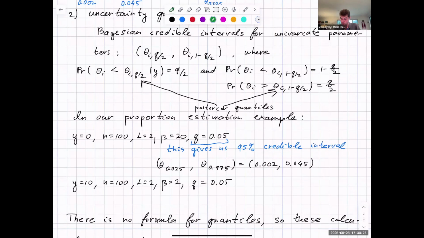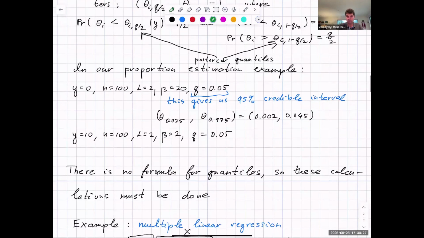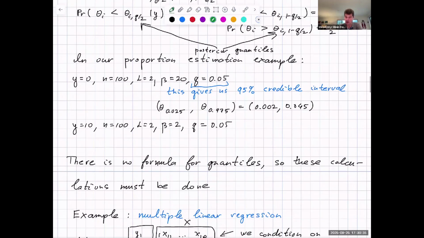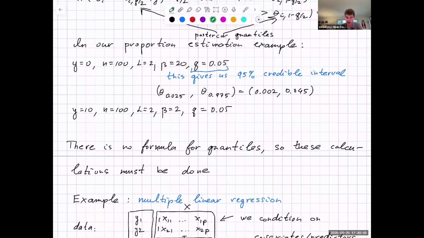Okay, so if we do the same for our example, when we had 10 out of 100, just to give a different example, then I will have this theta 0.025 and theta 0.975.